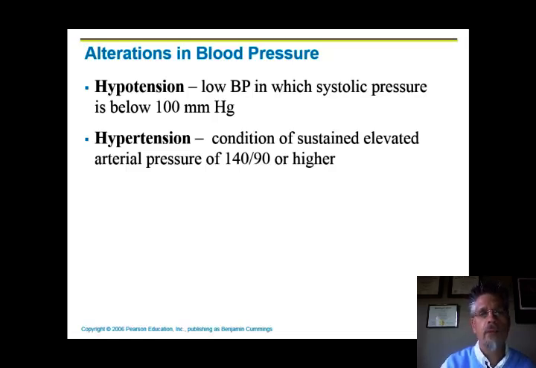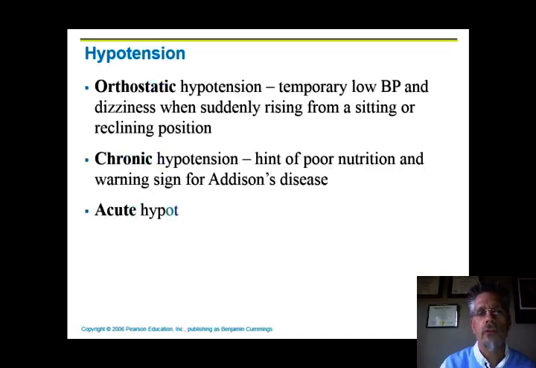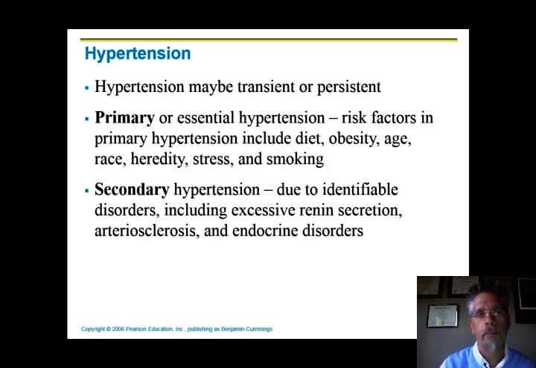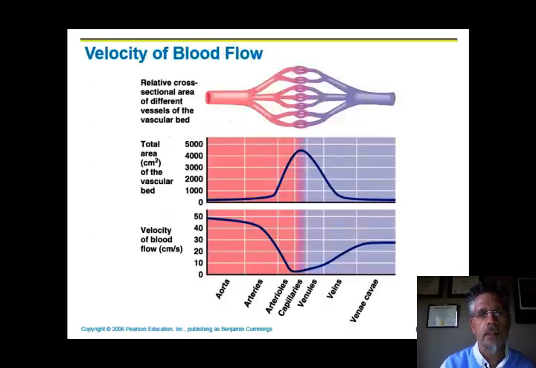Oftentimes those diseases and disorders I won't put on the exam, but these are some pretty important ones that you hear about regularly and lots of people are affected by. So these ones that you see listed here, you should know about. You should know the different types of low blood pressure and high blood pressure situations.